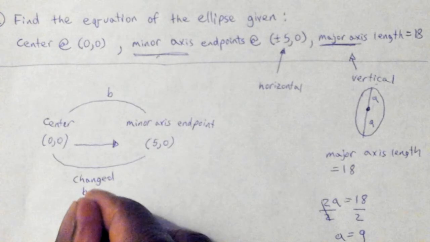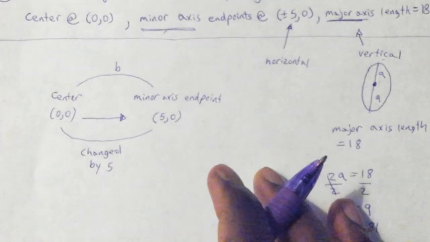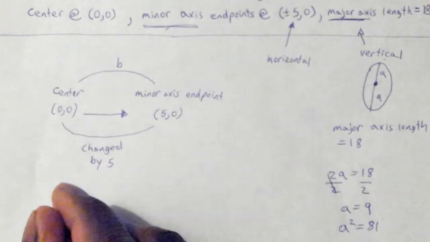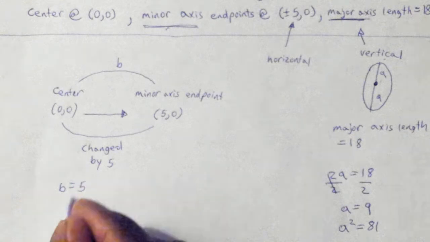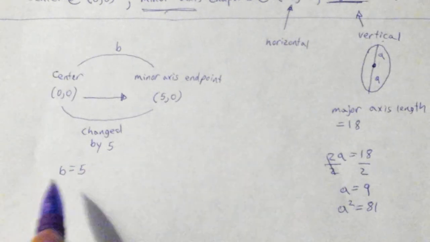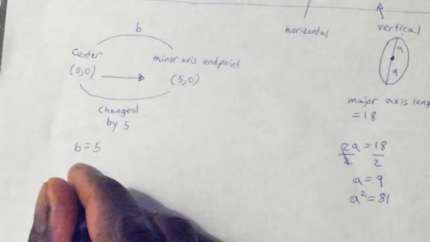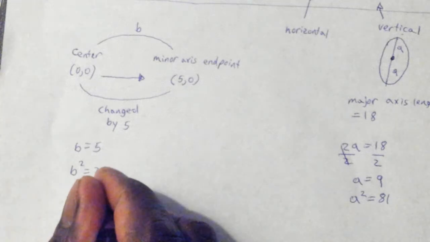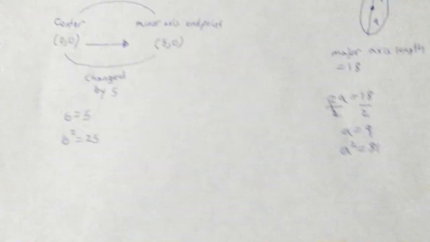Well, it's going to change by 5. So what that tells us is that our B value is equal to 5. And if we square that, in other words, 5 times 5, our B squared has to equal 25.